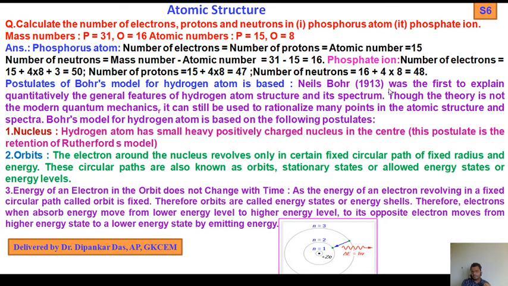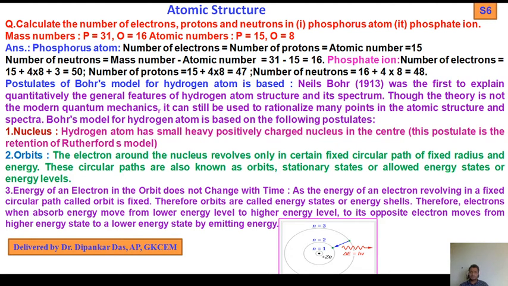Niels Bohr in 1913 was the first to explain quantitatively the general features of the hydrogen atom structure and its spectrum. Though the theory is not modern quantum mechanics, it can still be used to rationalize many points in atomic structure and spectra. The Bohr model for the hydrogen atom is based on the following postulates.